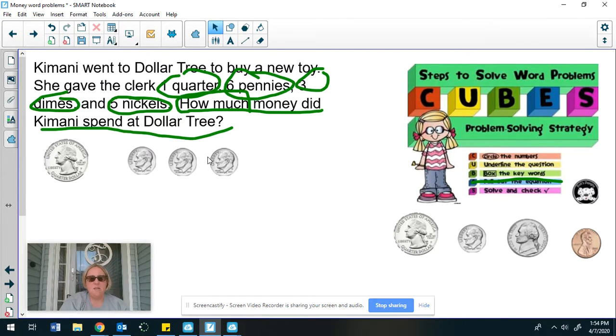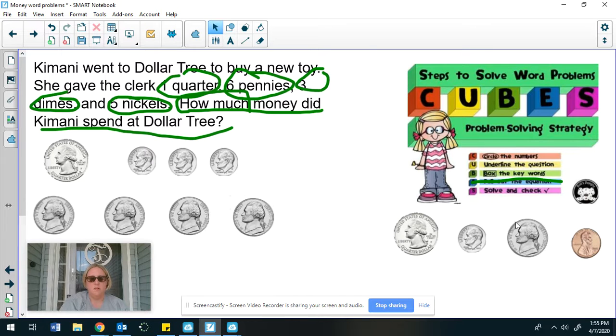I know that nickels are worth more than pennies, and it says that she had 5 nickels. So I'm going to drag over 5 nickels. And then pennies are worth the least, and she used 6. So I'm going to get 6 pennies.